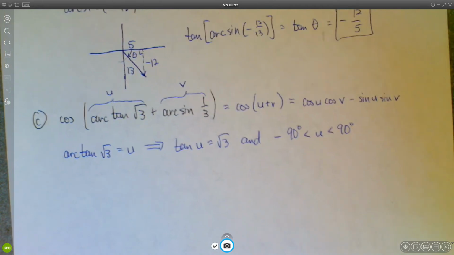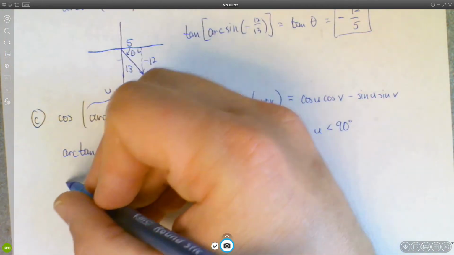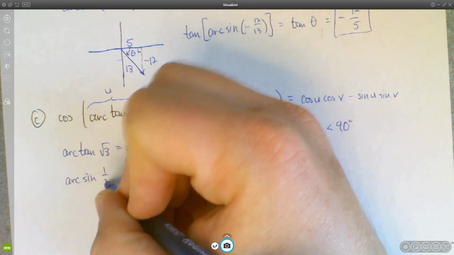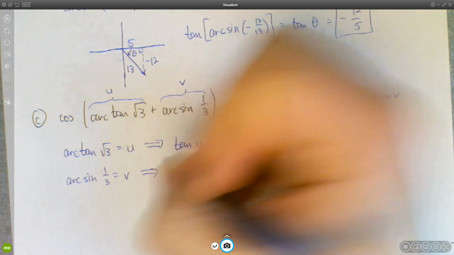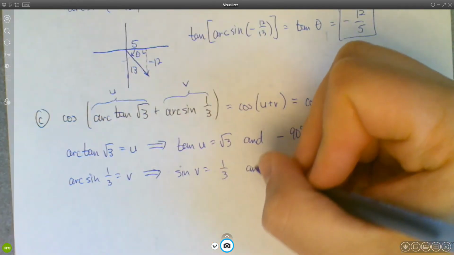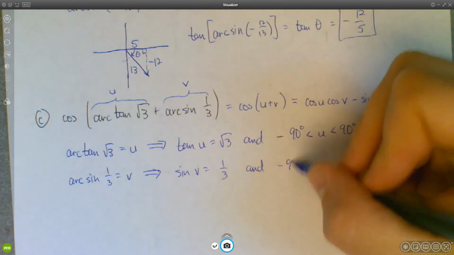And then if arc sine of 1/3 equals v, then sine of v equals 1/3, and sine maps to the same region.